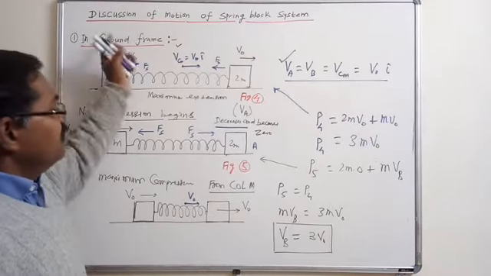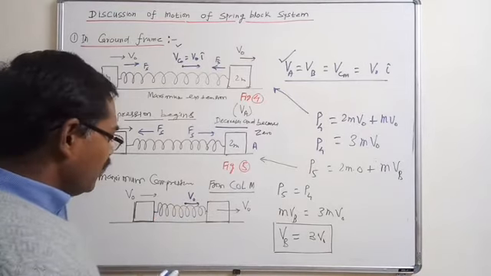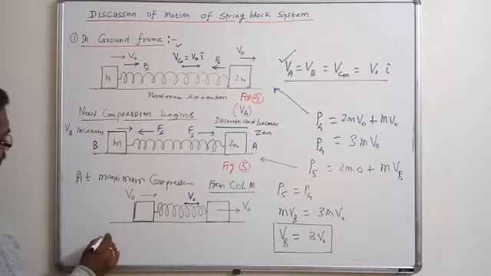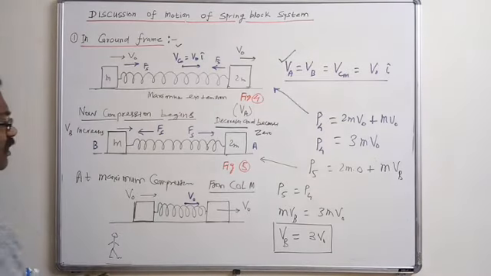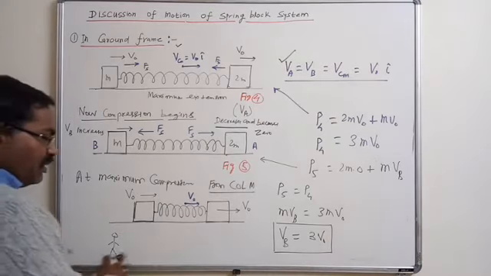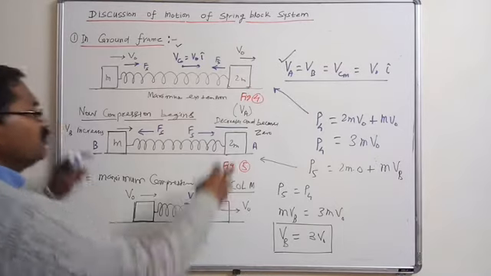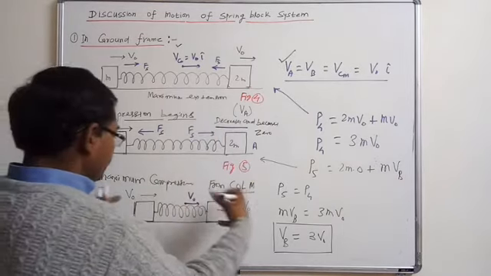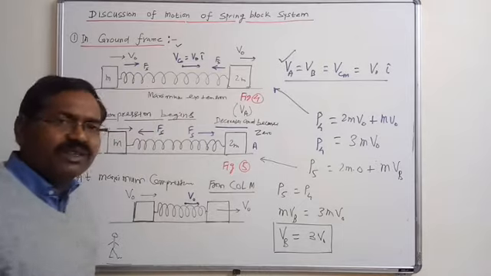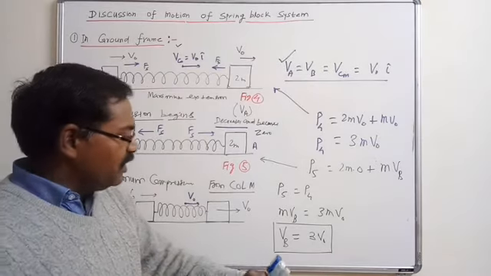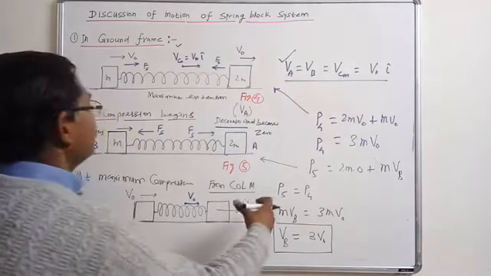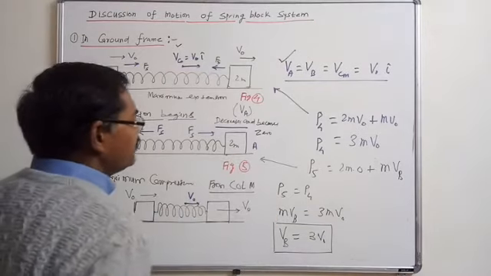So for the overall motion, for this ground observer, the motion will be in the forward direction, the system as a whole, as well as both the blocks will be executing SHM about the center of mass. So there would be compression, there would be elongation in the spring, and it will be coming to the natural length.